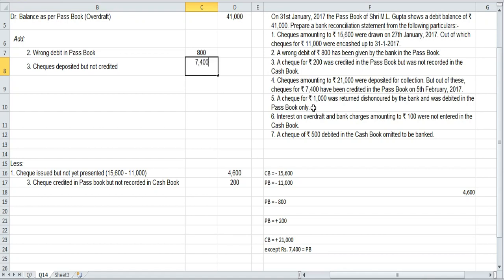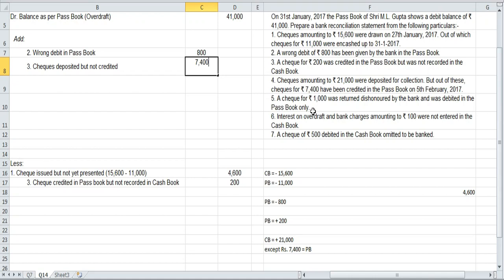Okay, so in this one, till the last of January, we are making for January, only this much was credited. So we found the difference. In this 21,000 was deposited, but part of it was credited in the next month. That means this amount is still not credited. So this is the difference.